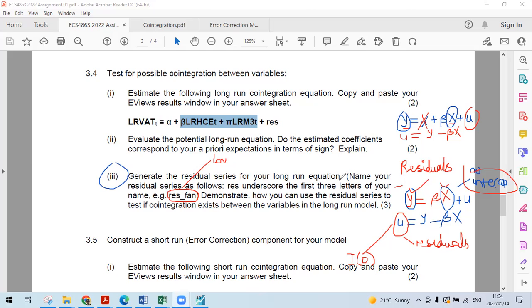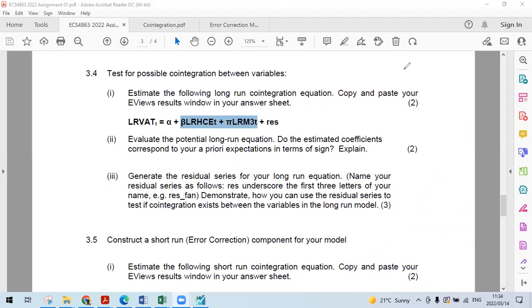If the residual series is stationary, our conclusion should be that there is actually co-integration between the variables. Great. So let's go and do that in EViews.